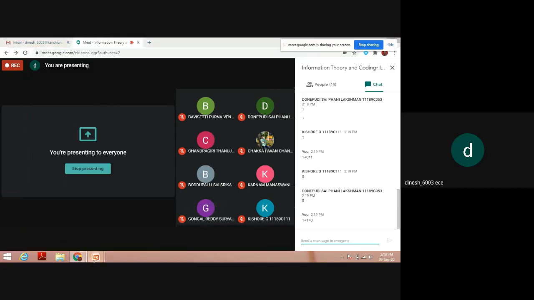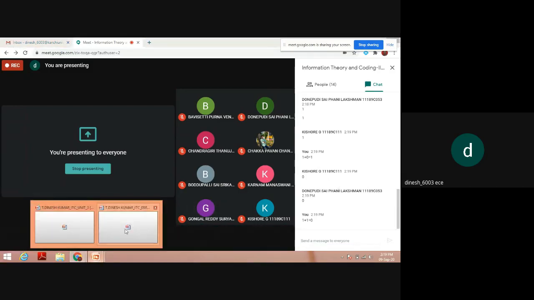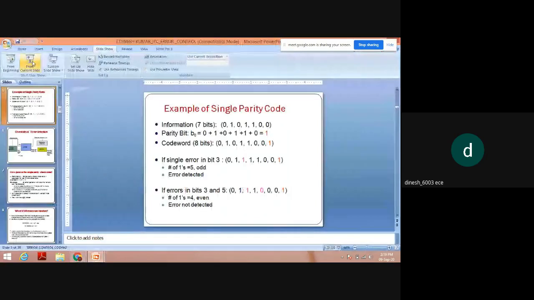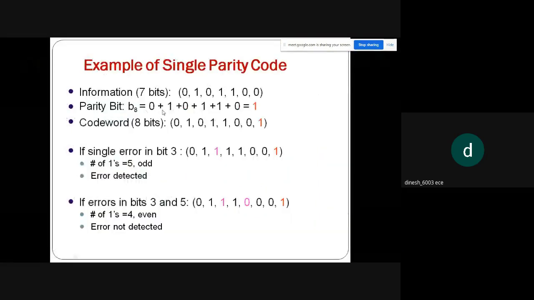Okay. Go back to this single parity. Do modulo addition. 0 plus 1, you get 1. 1 plus 0, you get 1. 1 plus 1, you get 0. 0 plus 1, you get 1. And 1 plus 0, you get 1. So the parity bit is 1 here.